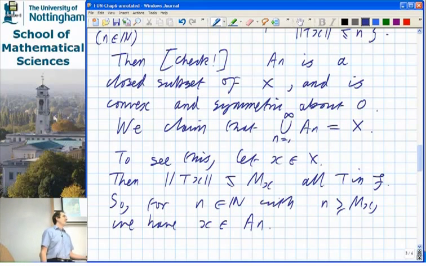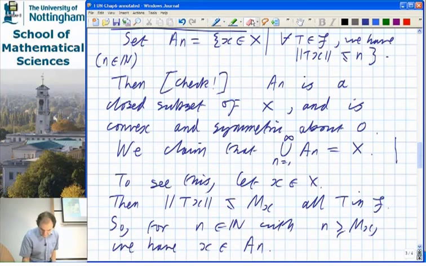We use the pointwise boundedness. The family is pointwise bounded, so the set of images of x is bounded with norm at most m_x. So all you have to do is go far enough along your sequence of sets until you get to an n that's big enough that n is at least as big as m_x, and then you're home.